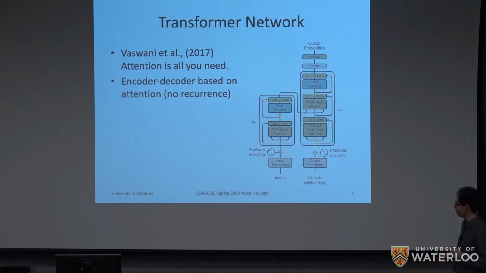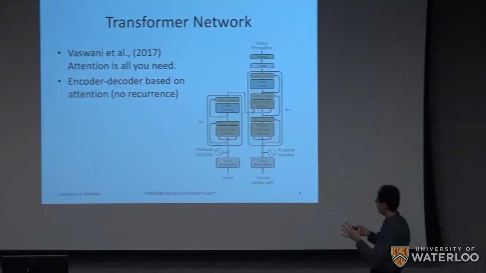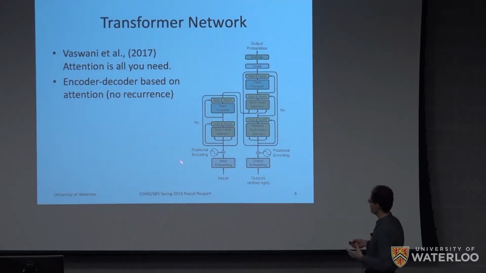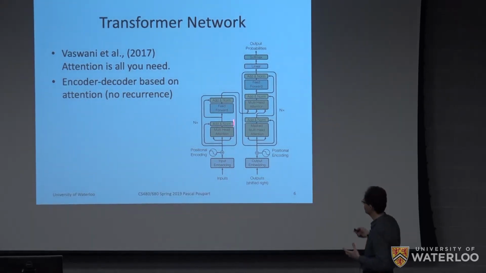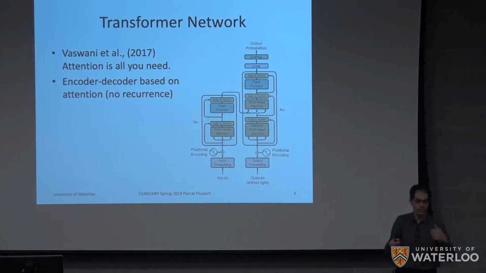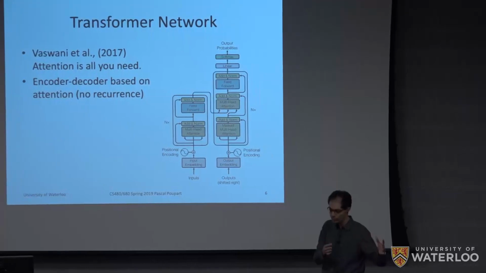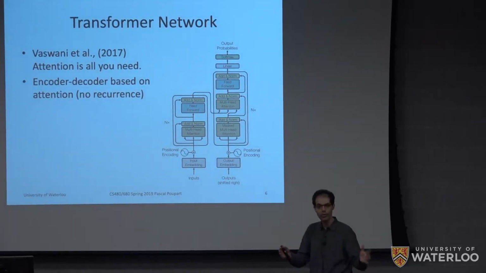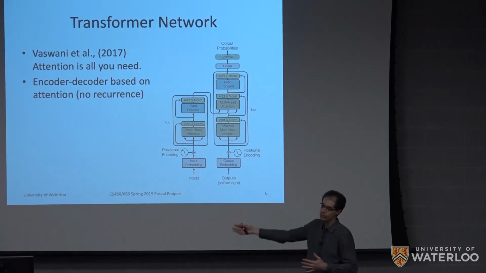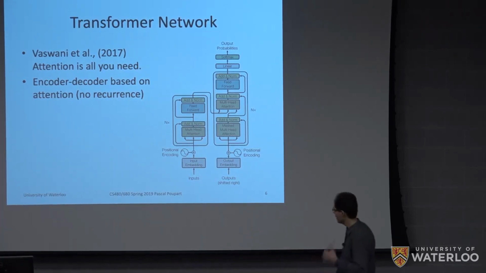Okay, so if we take the example of machine translation, this network, even though it's not obvious, has two parts. The first part corresponds to an encoder, the second part corresponds to a decoder. And here in machine translation, you would use the encoder to encode your initial sentence, and then you would use the decoder to produce a translated sentence.